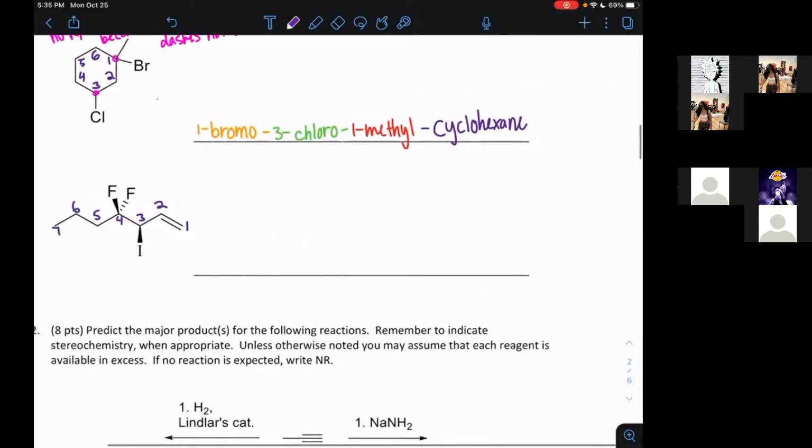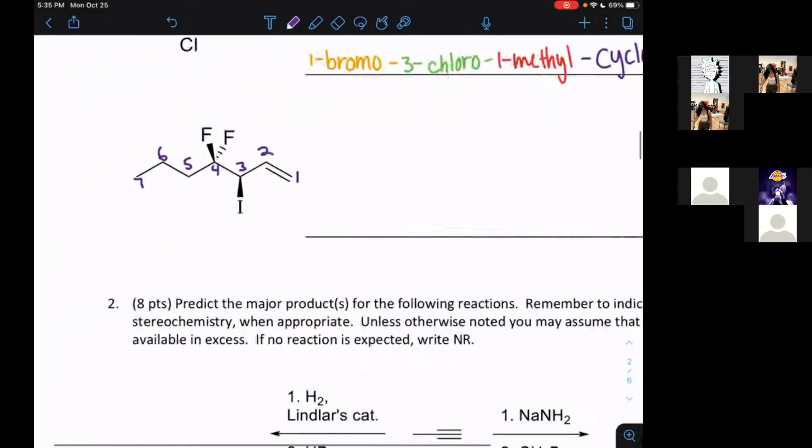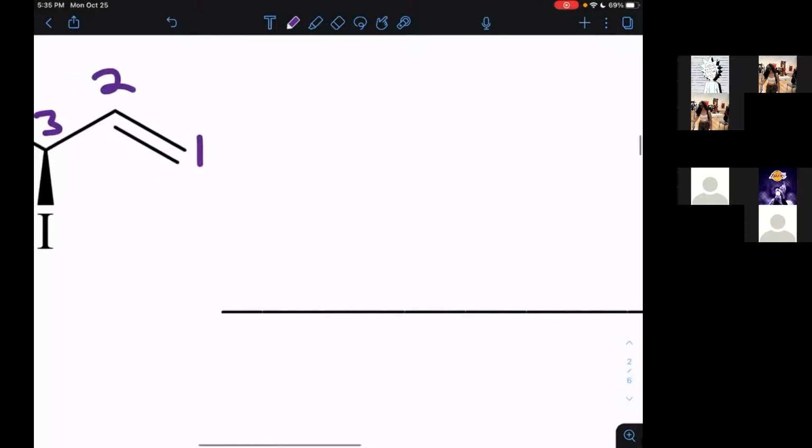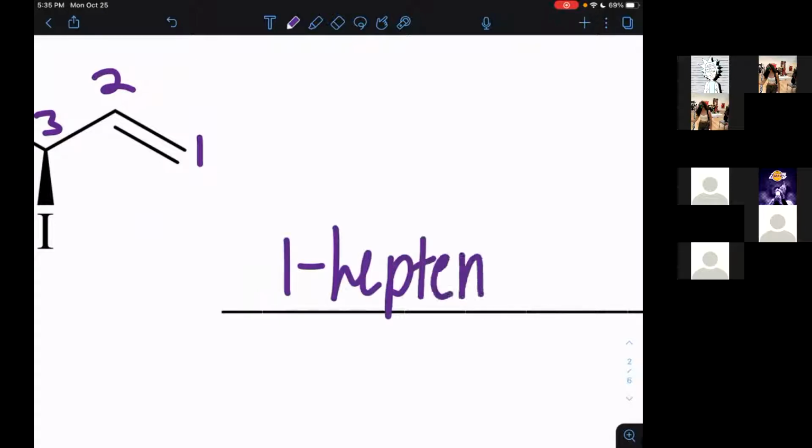So heptene. And you don't have to show it's on the one since it is one, or you could write it in. When it's on the first one, it's kind of optional. So you don't have to do it, but you also can.